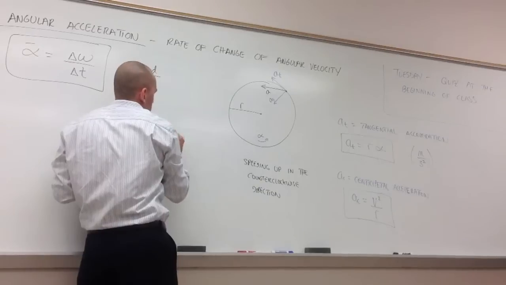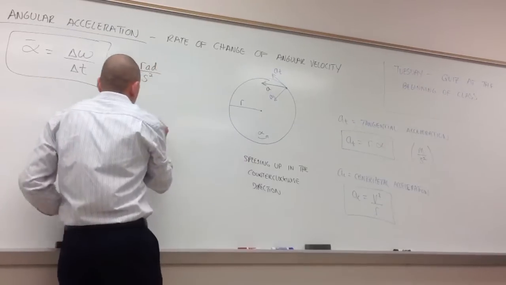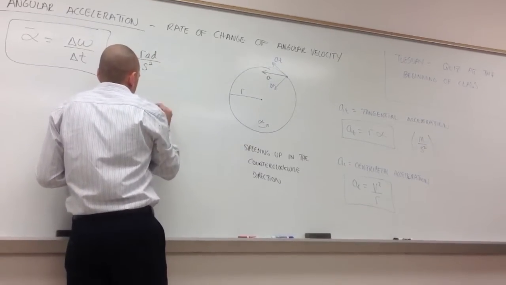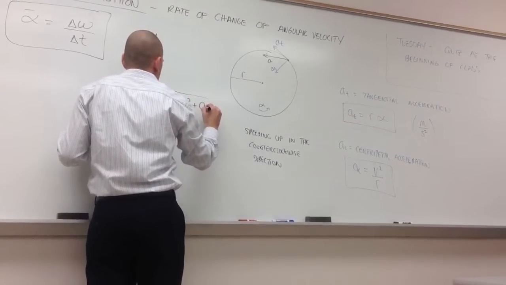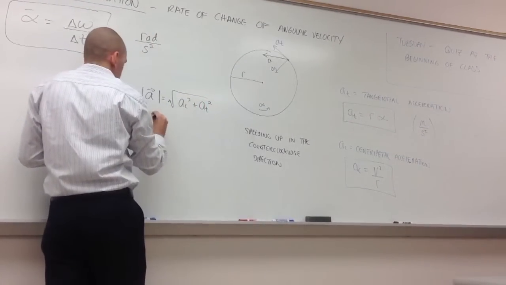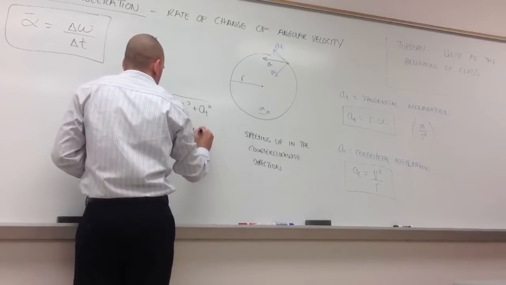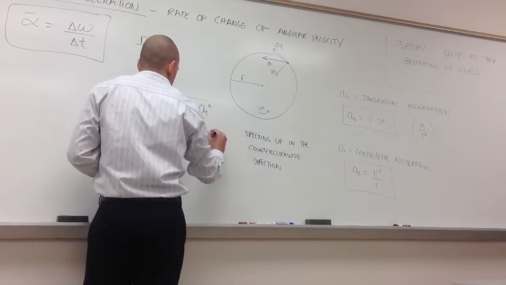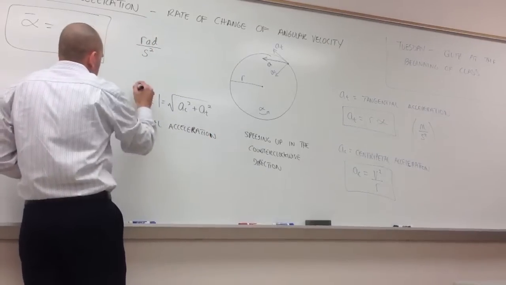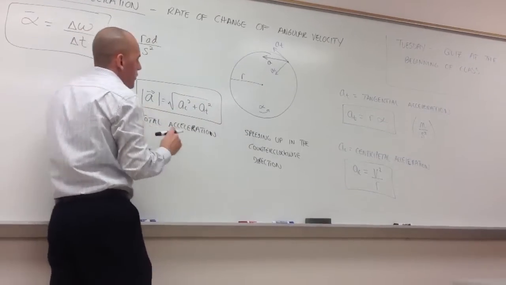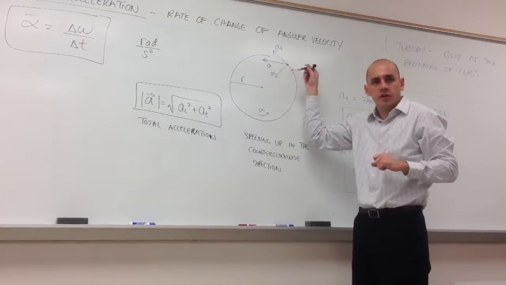A is just equal to the square root of AC squared plus AT squared. This is the total acceleration. These two vectors here are always perpendicular because one is tangent and one is toward the center.